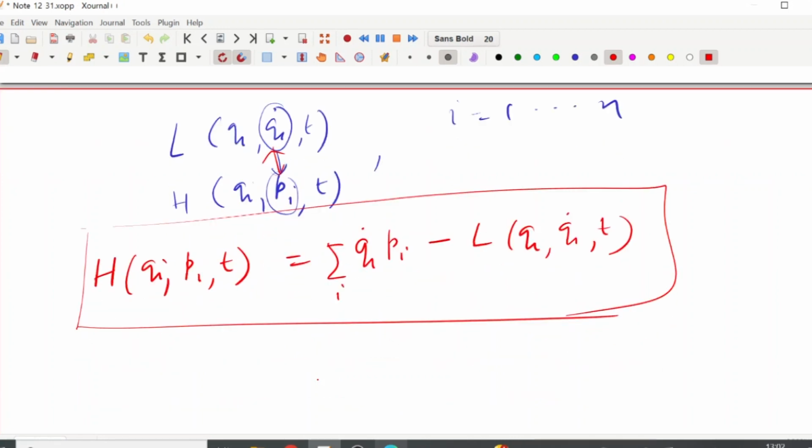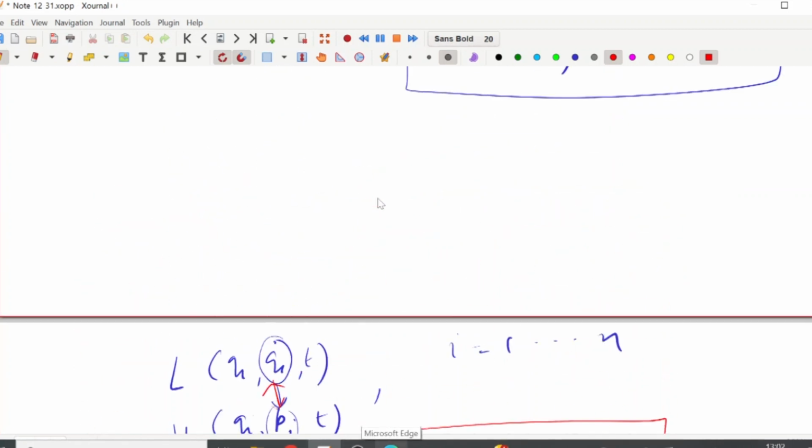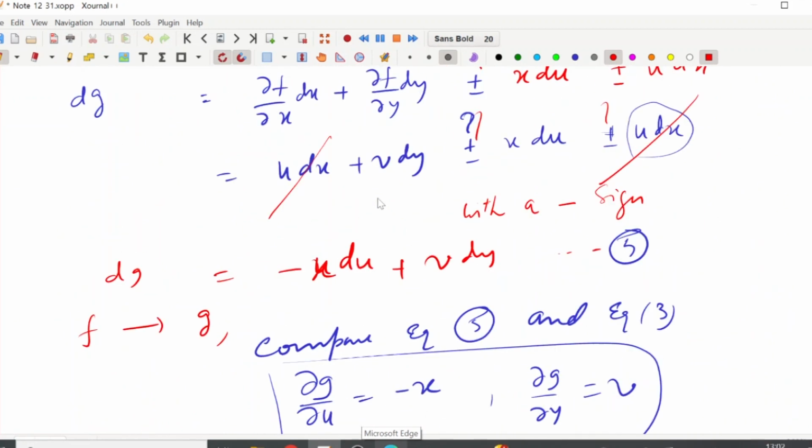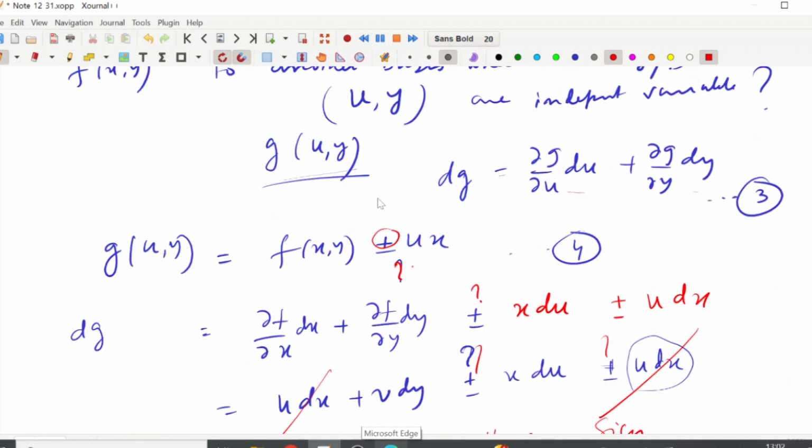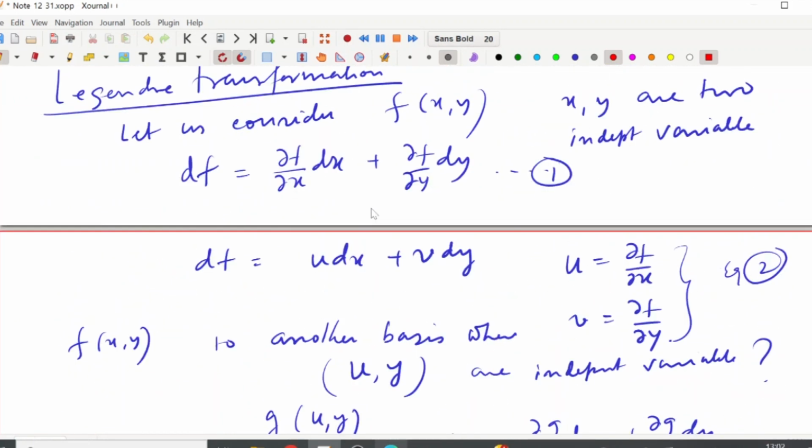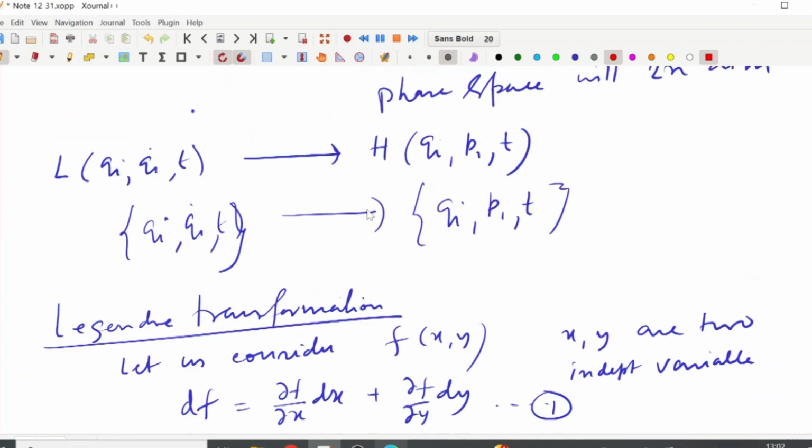So, maybe in the next class we will consider this transformation, and we will consider explicitly the Hamiltonian of the system. Okay. So, try to understand what I have said about the Legendre transformation in this class, and in the next class we will be using this transformation to construct your Hamiltonian.